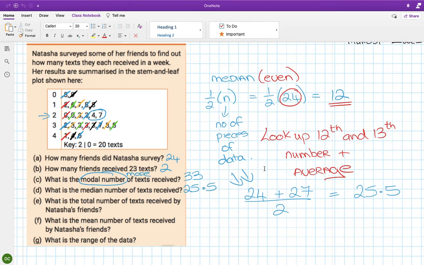What is the total number of texts received by Natasha's friends? Okay, so I'm just going to put these into my calculator.